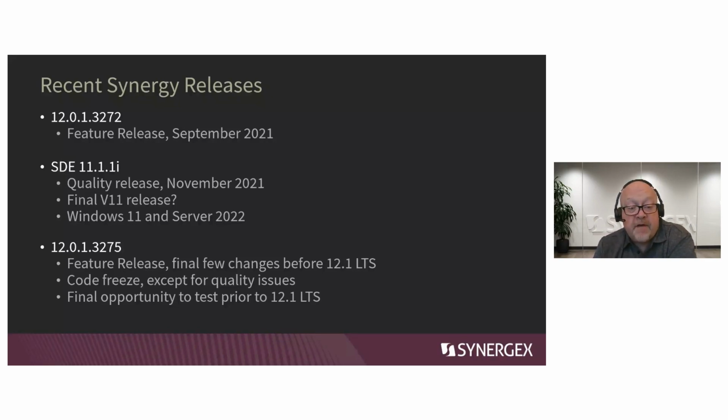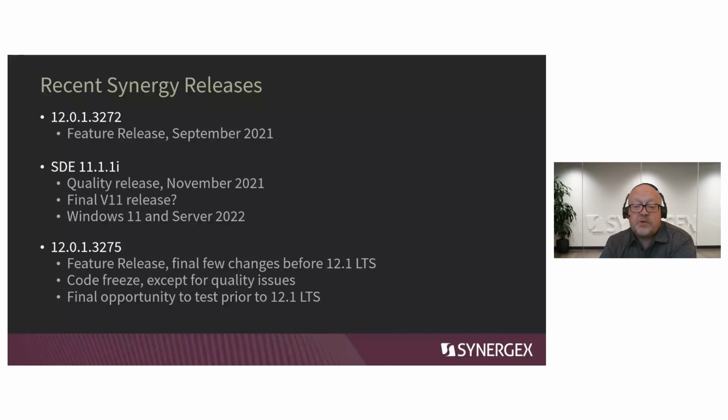The third and final recent prior release I'll mention is the SDE 12.0.1.3.2.7.5. Again, this was a feature release made available in mid-February, February the 15th to be exact, and it represented a code complete environment. And this is again very typical.